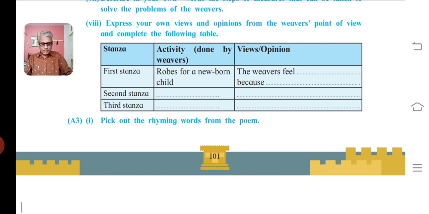Now the third one, third stanza. Activity done by the viewers: shroud for the funeral of a dead man. And the views.